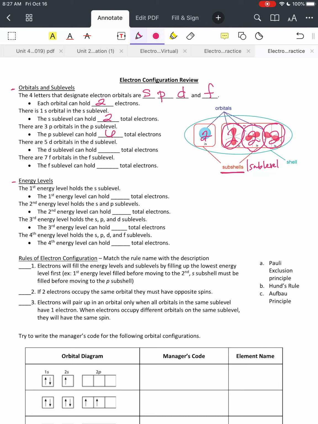Then there's 5 d orbitals, so that's like 5 bunk beds, which means that room can hold 10. And for F, there's 7 orbitals or 7 bunk beds, so that sublevel can hold 14.